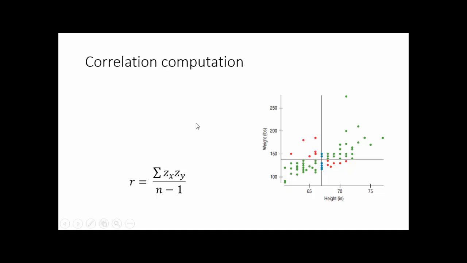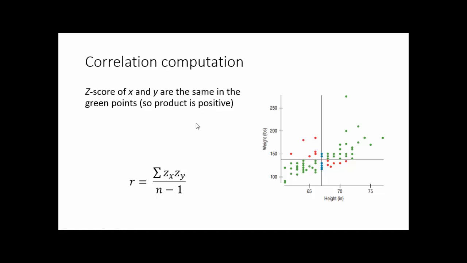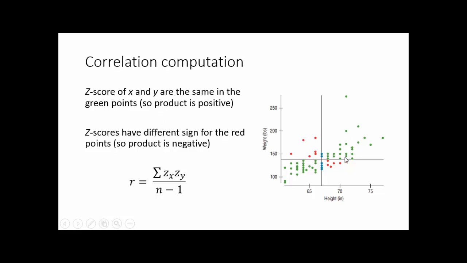Well, for the correlation, we're going to use these z-scores, because remember what I said a minute ago: z-scores are positive if you're above average in a particular variable and negative if you're below average. So when I get z-scores that are the same, like these up here, because they're above average in each of the variables, both z-scores are going to be positive.